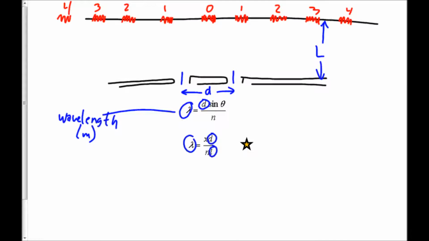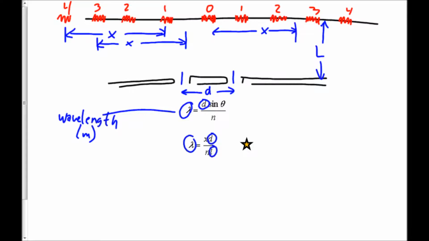X, here's where it starts becoming a little bit trickier. X is also a distance. It's a little bit confusing here because D is a distance, L is a distance, and X is a distance. X is the confusing distance, though. X could be the distance between the fourth order maximum and the first order maximum, or the distance between the third order maximum and the first order minimum, or the distance between the central maximum and the second order minimum.